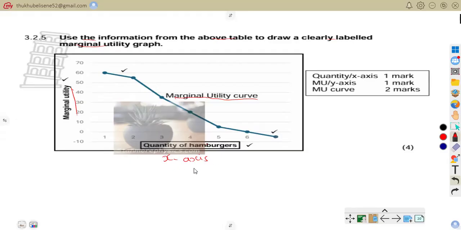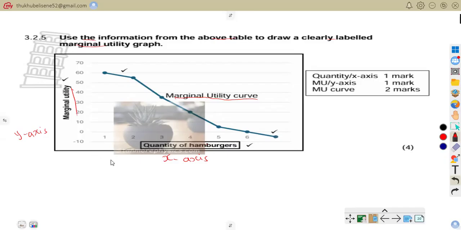But the y-axis, which is vertical, shows the marginal utility, that is, the extra satisfaction gained.